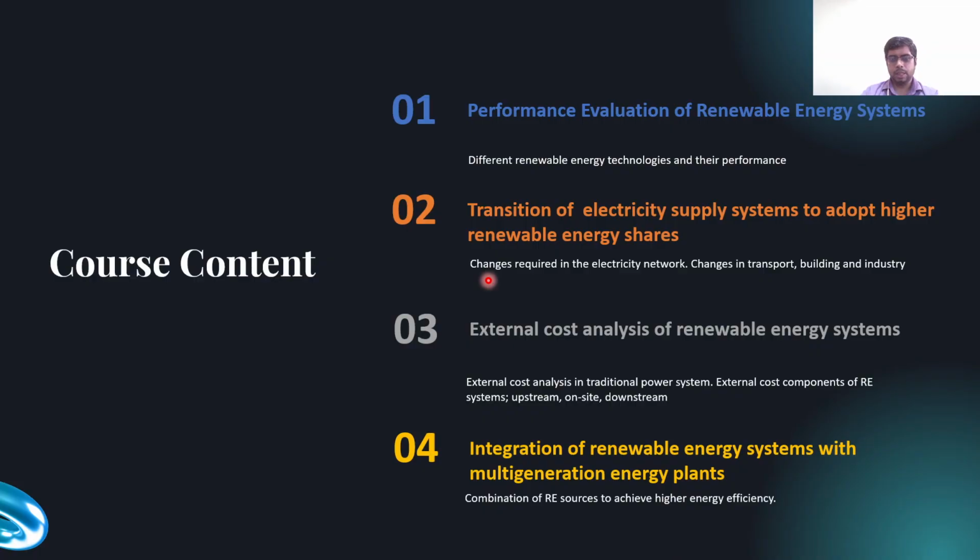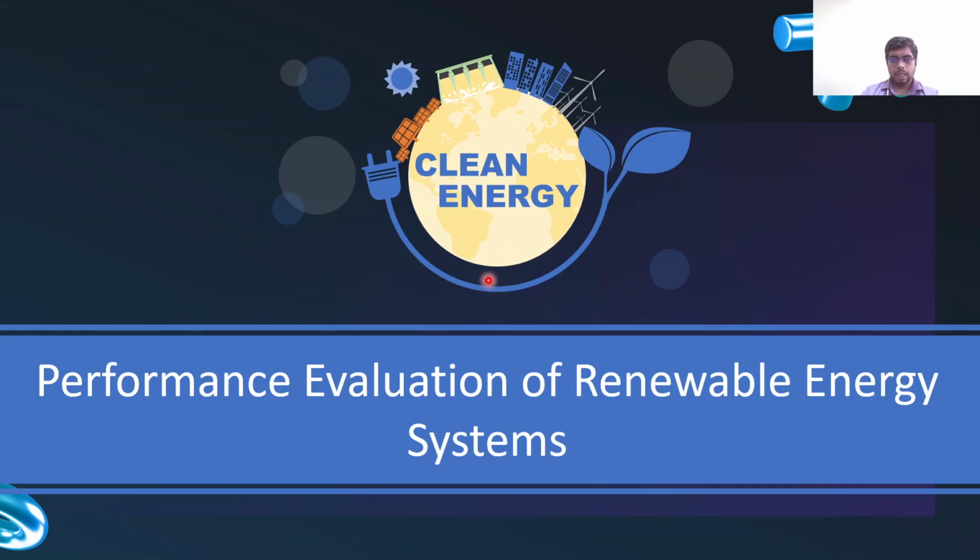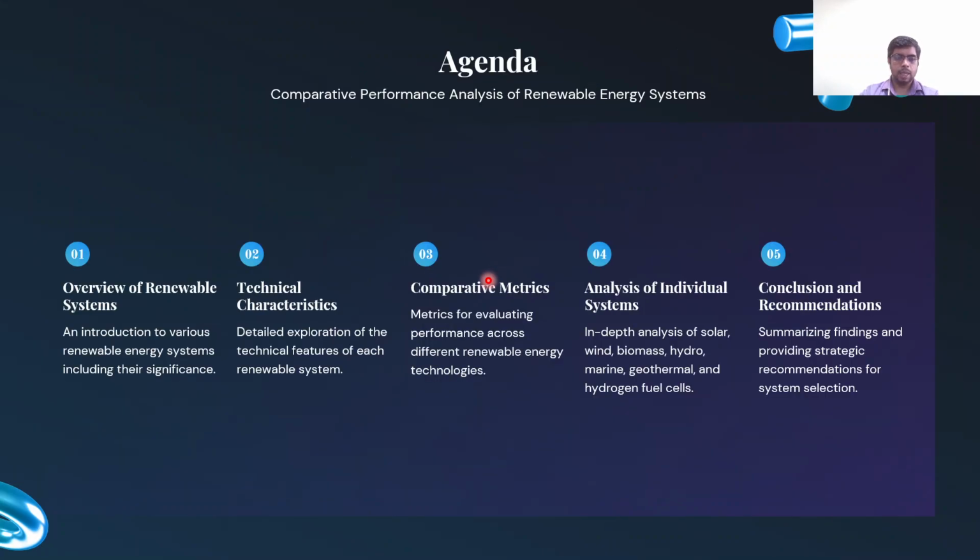So we will first focus on section 1, the performance evaluation of renewable energy systems. Under this section we will look at different types of renewable energy systems available and their technical characteristics, and then we will discuss the performance metrics that we are going to use in order to evaluate the performance of these individual renewable energy sources.